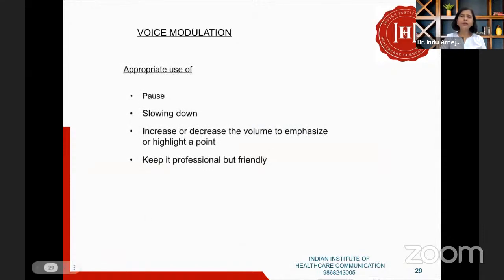So appropriate use of pause, slowing down when you want to put emphasis on something, increasing or decreasing the volume to emphasize or highlight a point, and at the same time, keeping it professional and friendly. That's what we have to always remember when we are in public dealing.